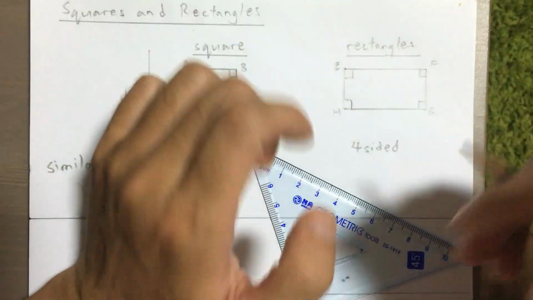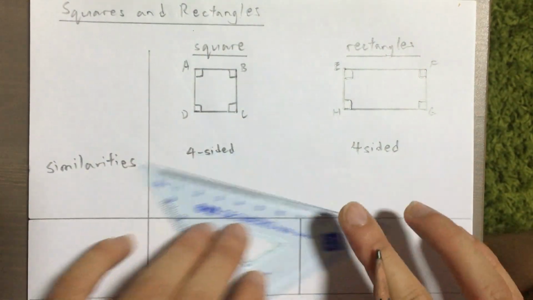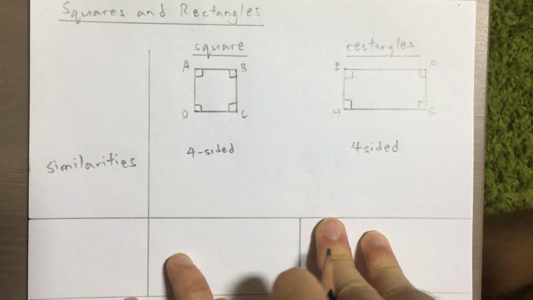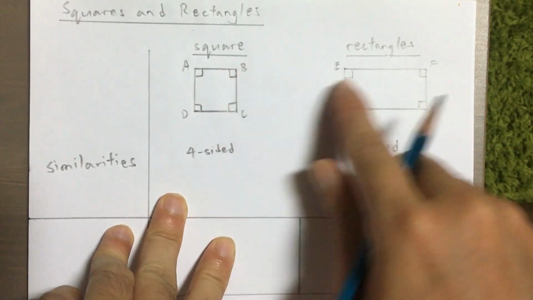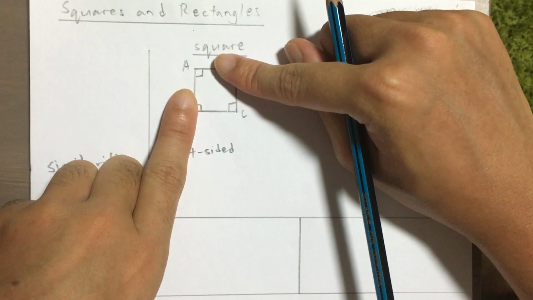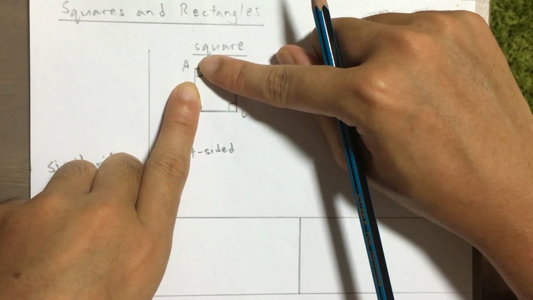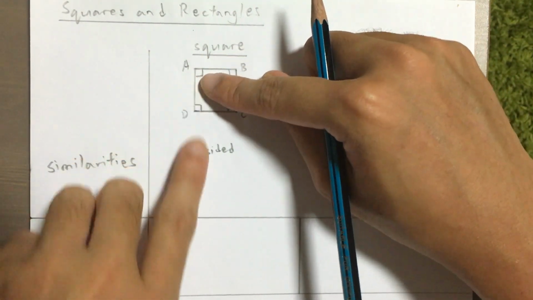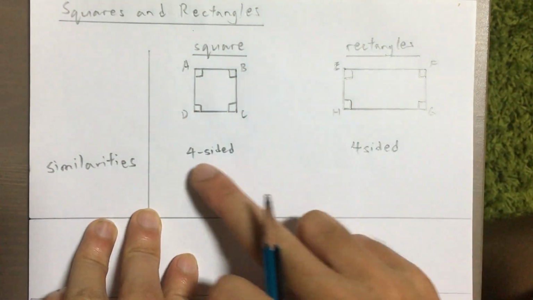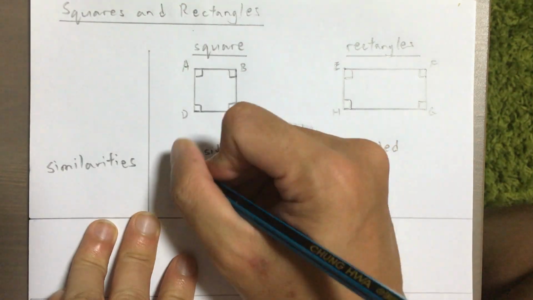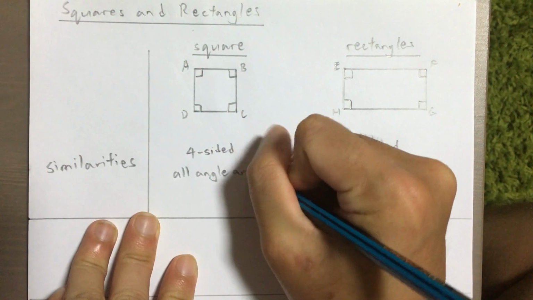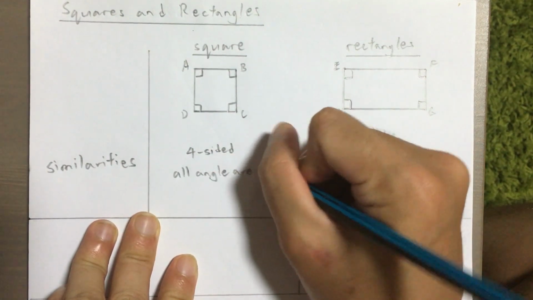After doing all the checking, what do you realize? You probably realize that all the angles inside the figure are right angles. Angles, remember, are formed where lines meet. It's the amount of turning between the lines. So another similarity besides being four-sided is that all angles are right angles.